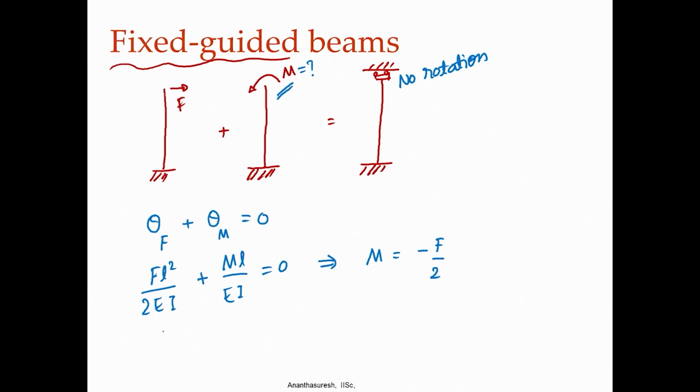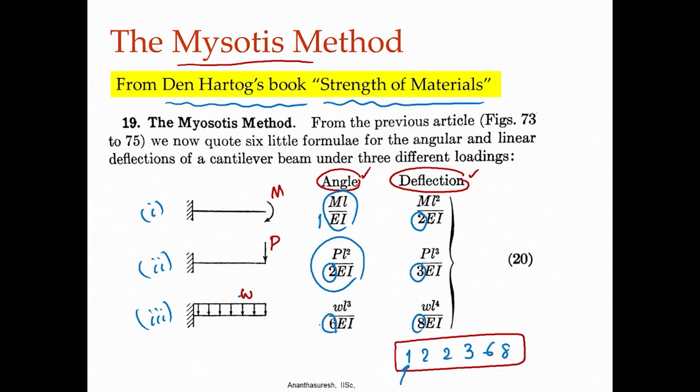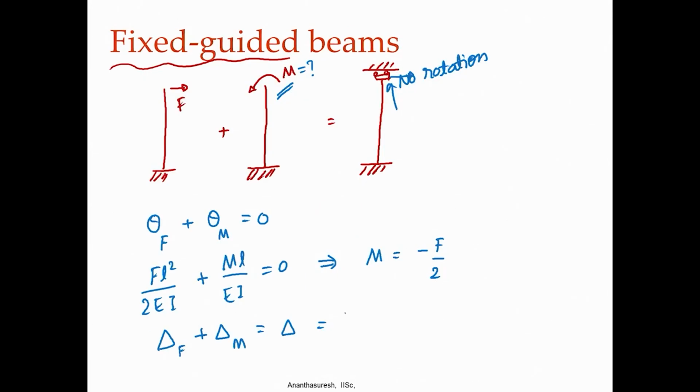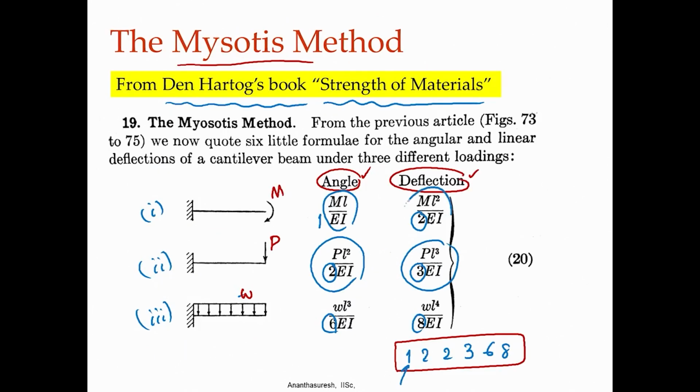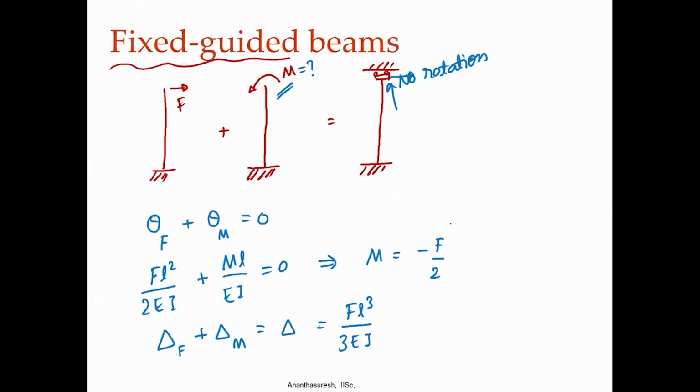Okay. So, now I want to know the total delta over here. So, that is over there, how much does it move? So, delta F plus delta M will give me the delta that I want. What is delta F? You go back to Myosotis, and delta due to force is this, our familiar FL cube by 3 EI. So, FL cube by 3 EI, and then we have due to moment, that is ML square by 2 EI.